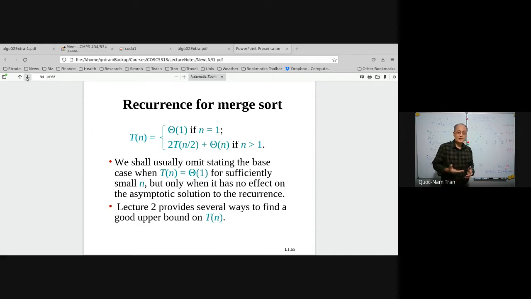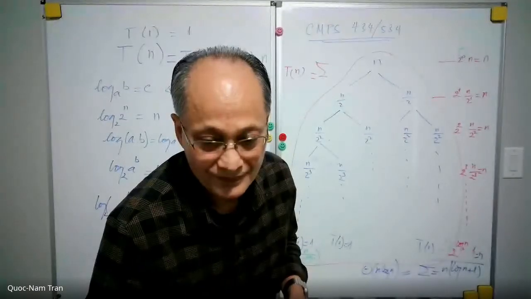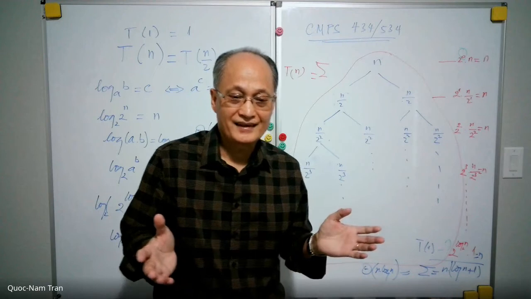For the merge sort, what is the best case? Meaning, when does the algorithm work fastest? Any idea?